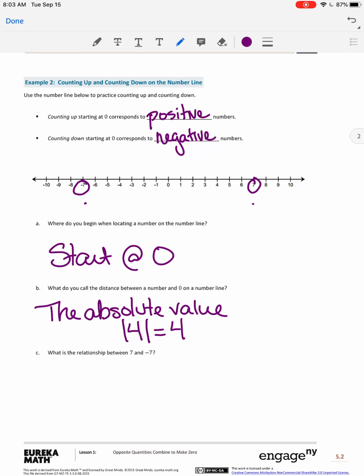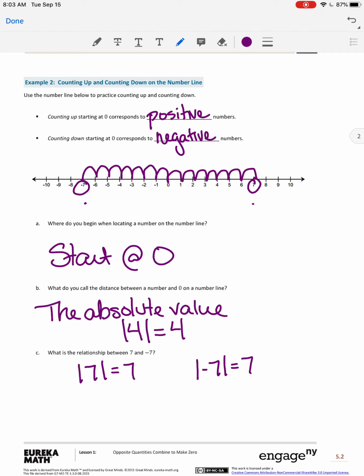The relationship, let's think about the absolute values of them. The distance between 0 and positive 7 is 7. So the absolute value of 7 is 7. And then the distance between 0 and negative 7 is also 7 spaces. So the absolute value of negative 7 is 7.